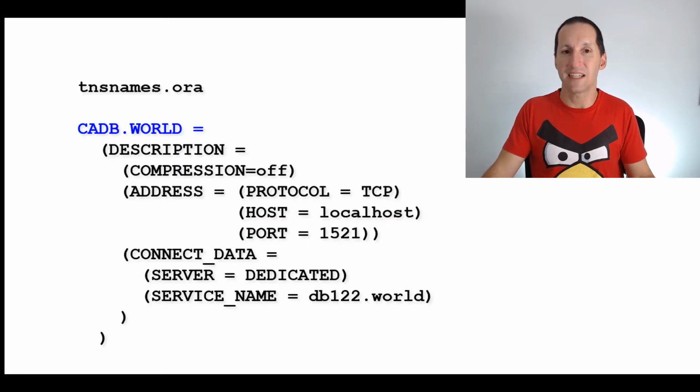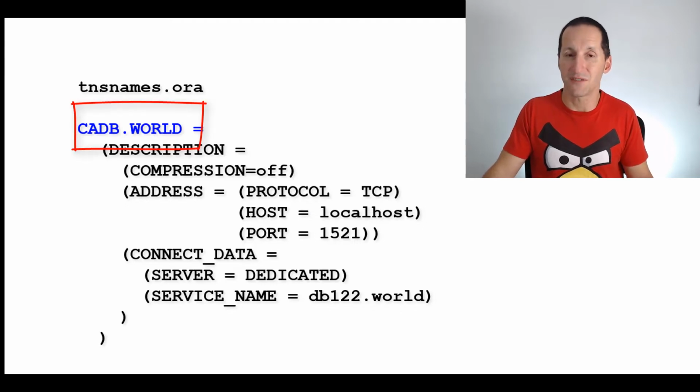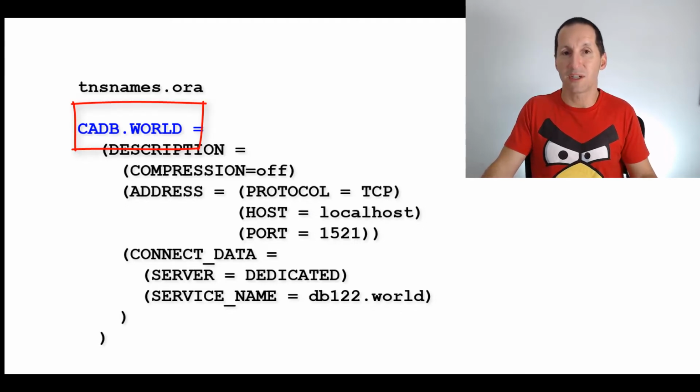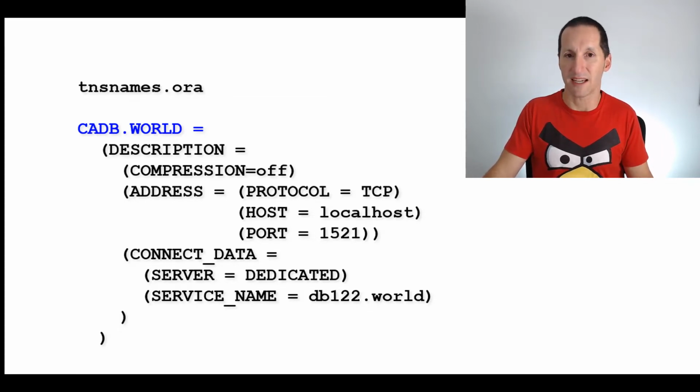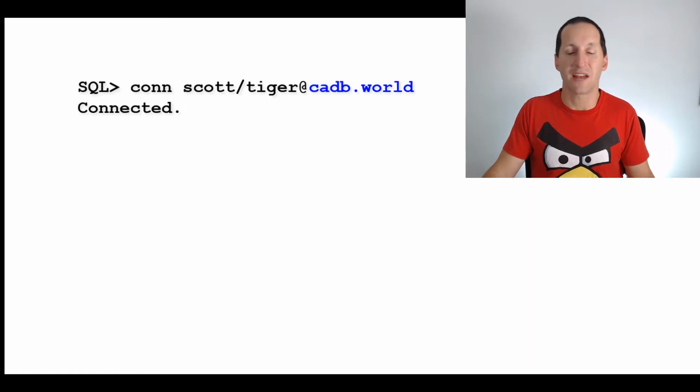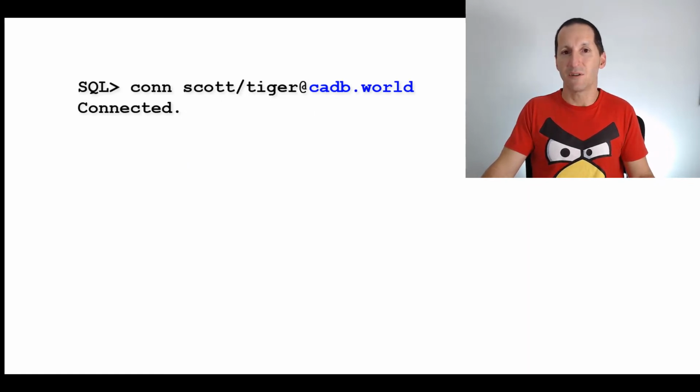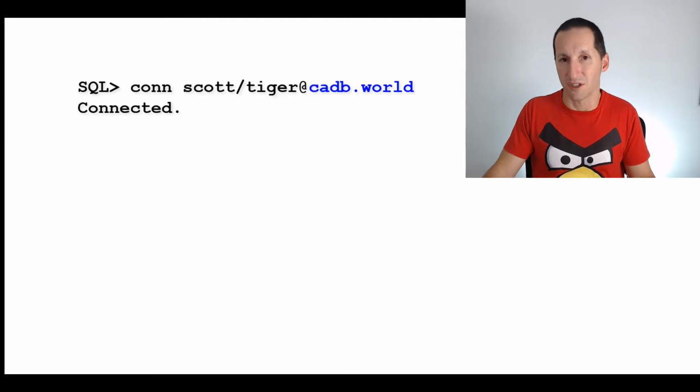Then if we looked in our tnsnames.ora, that would be found because we have the entry cadb.world. So a connection to cadb would go look in sqlnet.ora and say, oh, the default domain is .world, therefore cadb.world is the TNS entry I'm going to be looking at. As you can see there, we could either fully qualify the name with cadb.world, but if we left that off, that would work just as well.